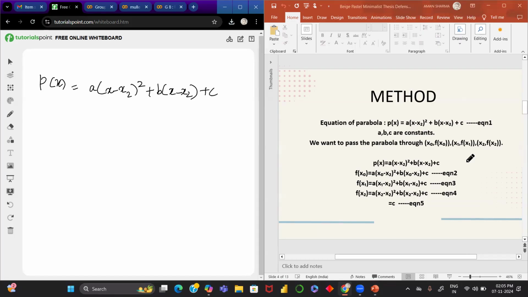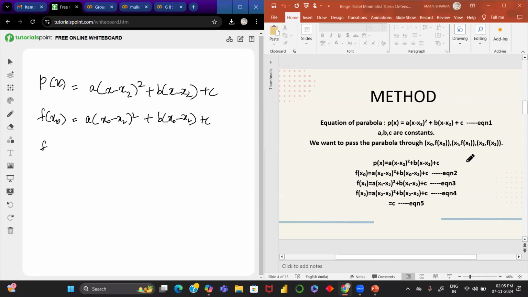So this is the equation of the parabola. First, we pass the point x0, f(x0) through it. So we get f(x0) = a(x0 - x2)^2 + b(x0 - x2) + c.